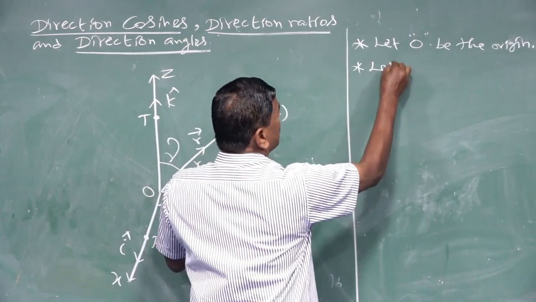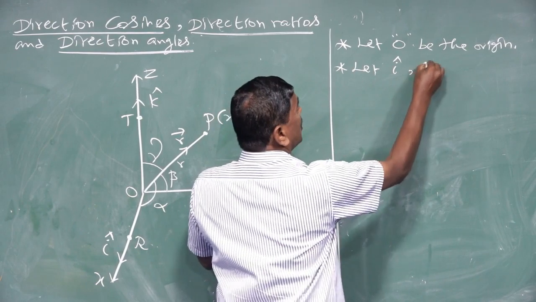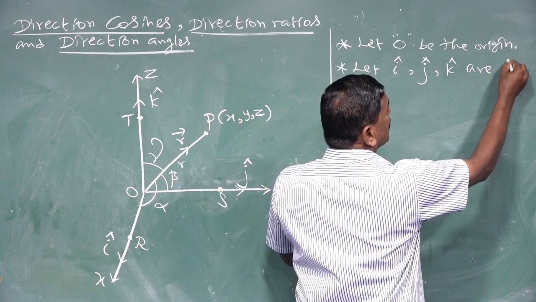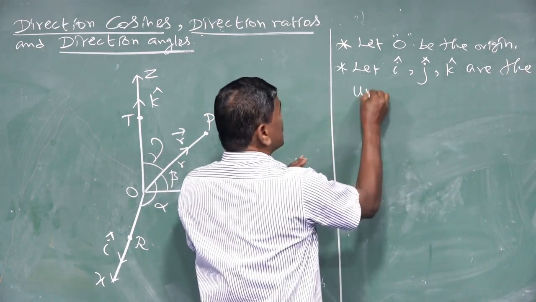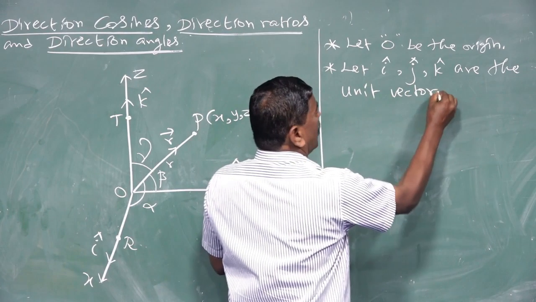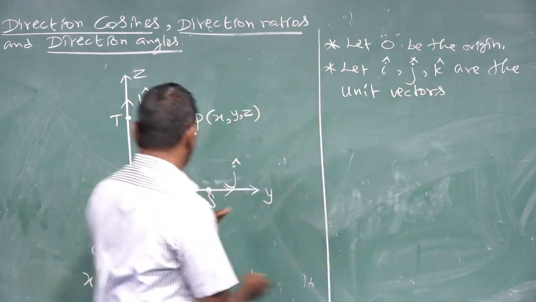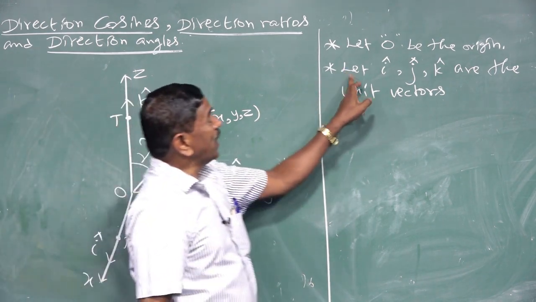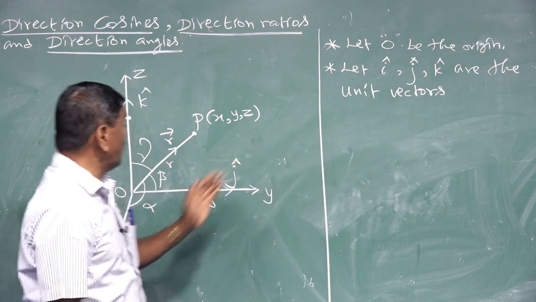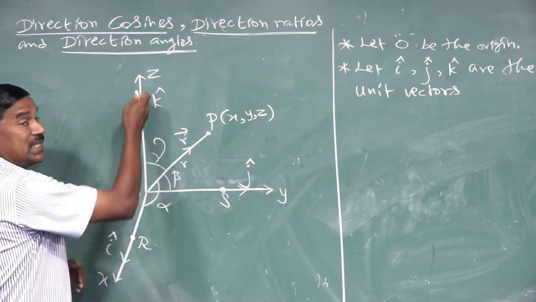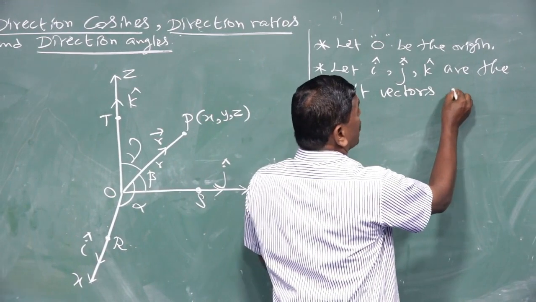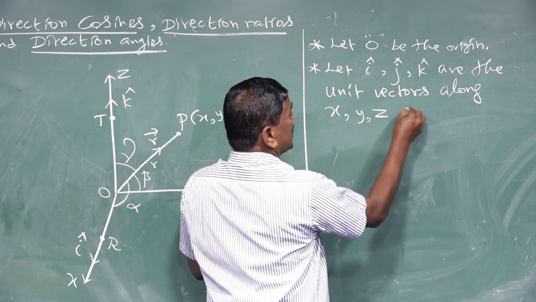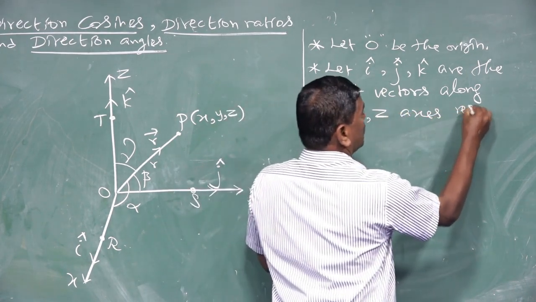Next point: let i cap, j cap, k cap be the unit vectors along the x, y, z axes respectively.